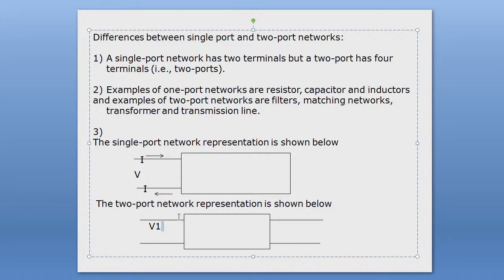This current is I1 and this current is I2.